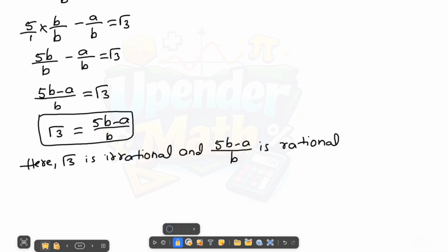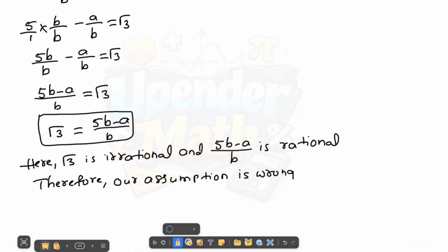So an irrational number should not be equal to a rational number. So therefore our assumption is wrong. So therefore 5 minus root 3 is an irrational number.